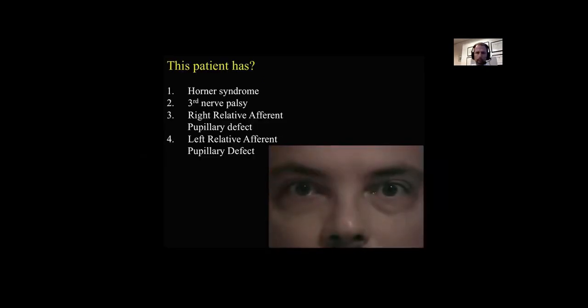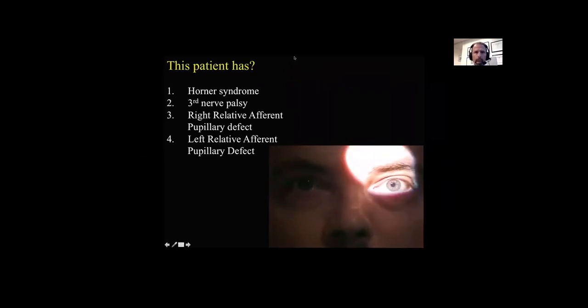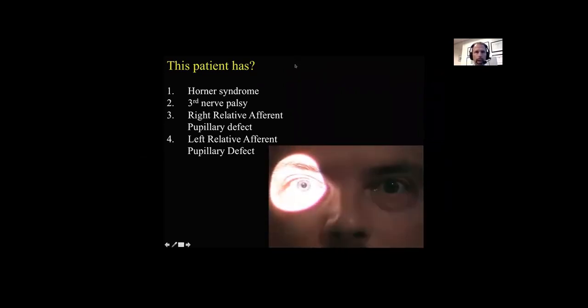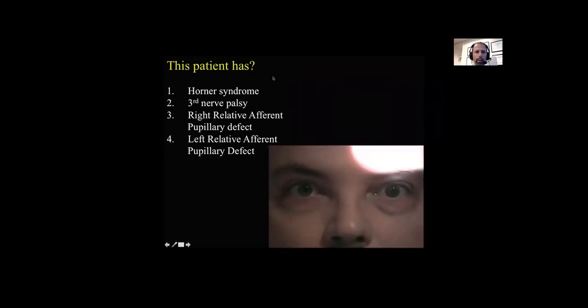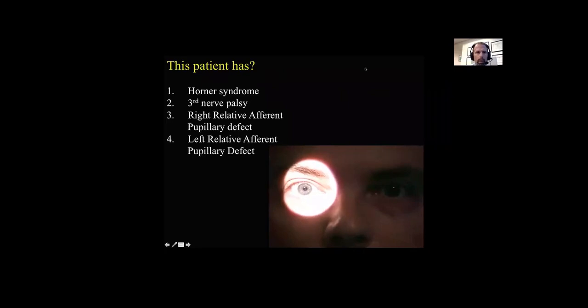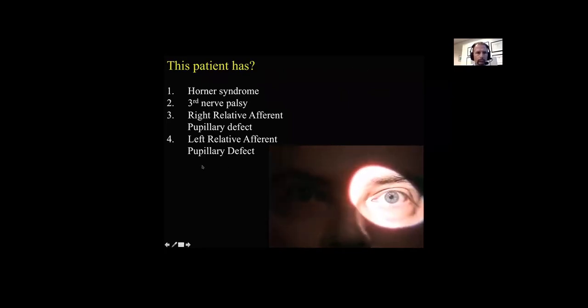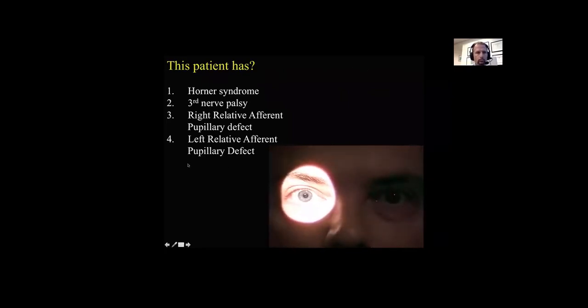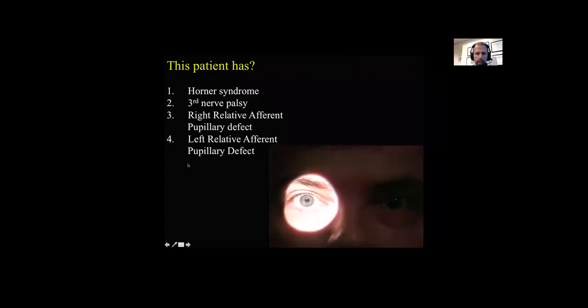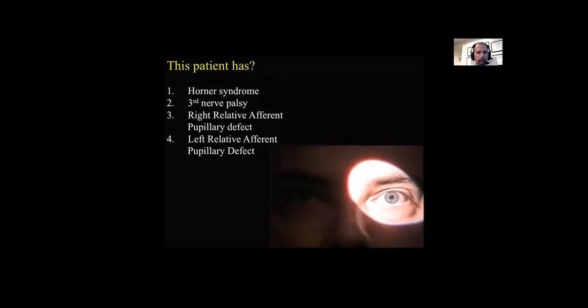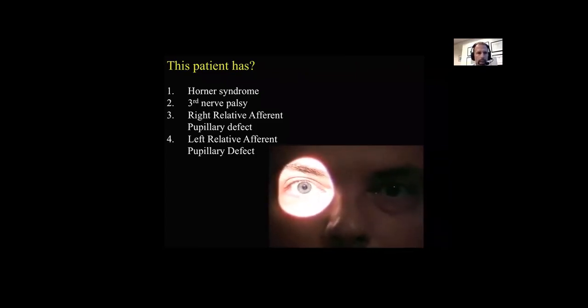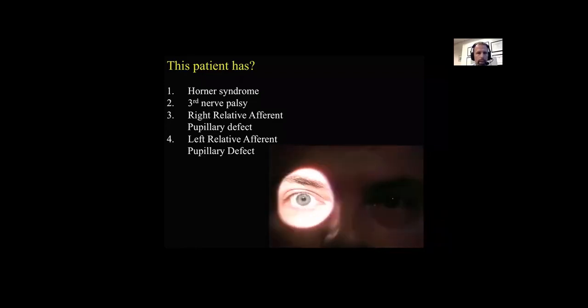So I'm going to start with a question. This is one of these polling questions, and you should be able to see the poll in a moment. I want you to look at this video, and I'm going to give you a multiple choice question as to what you think this patient has. You can see the choices and you can see the exam.